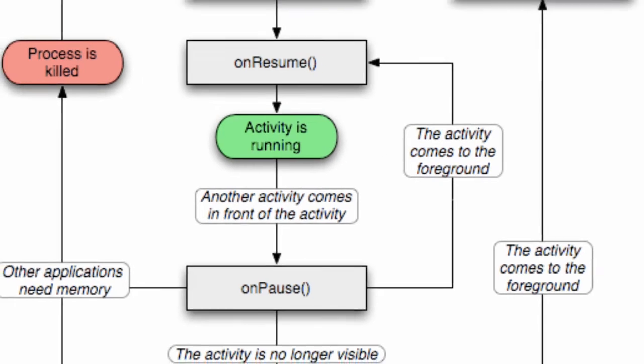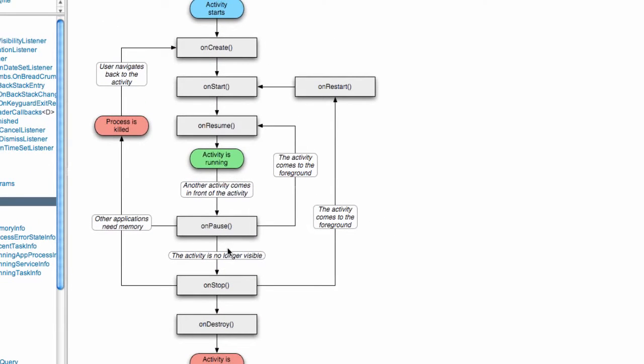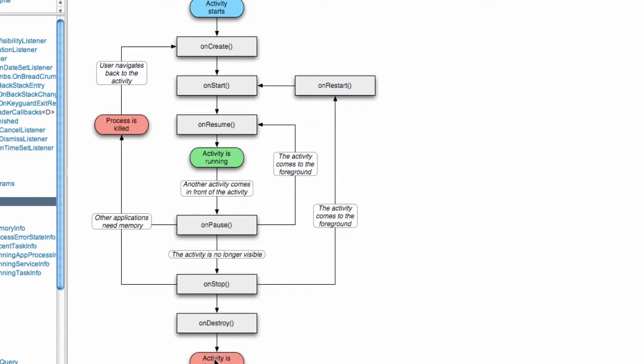So the only method from our activity class that we are familiar with is this onCreate method. But we're going to use some of these other methods as well. The only other two methods that are really important for the most part are this onPause method and this onResume method, because even if our activity gets destroyed, it's going to go through this onPause method before it goes through these methods as well.